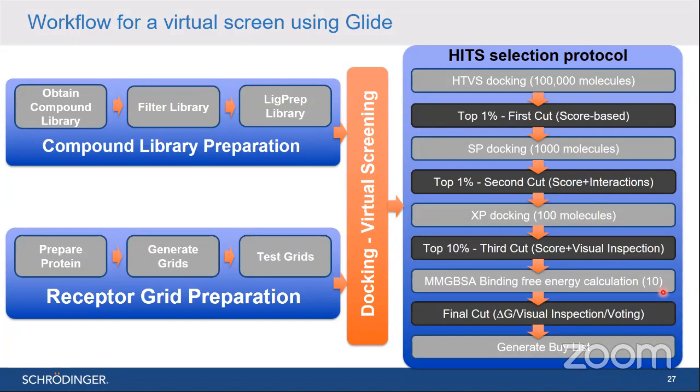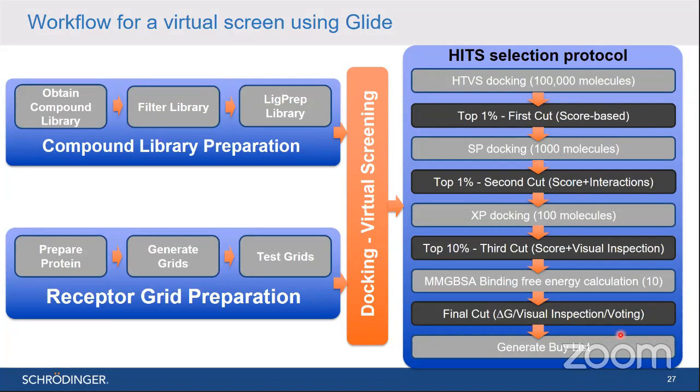Out of 10, either you can stop your virtual screening process here, or you can go for molecular dynamics simulations for such compounds which you think are good enough, based on your binding free energy profile, your visual inspection, your interactions, and all good characteristics. Based on that, you can decide which molecules to go further with in the experimental study.